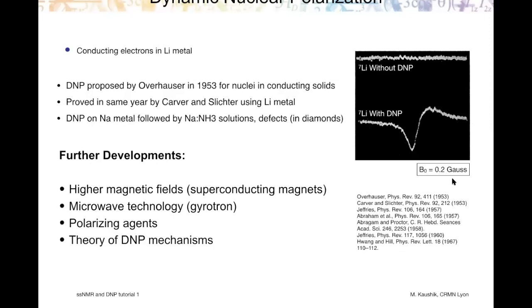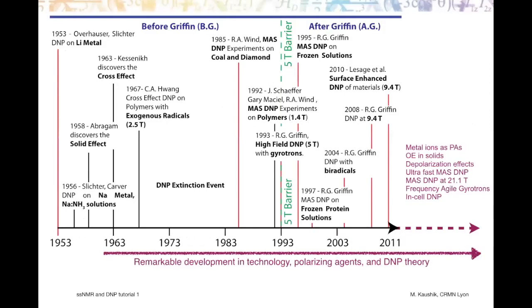After that, further developments come mostly from the technological development in superconducting magnets and high power microwave sources called gyrotrons. It's really a history of innovation where the community went from very low magnetic fields to high magnetic fields as high as 21 Tesla.